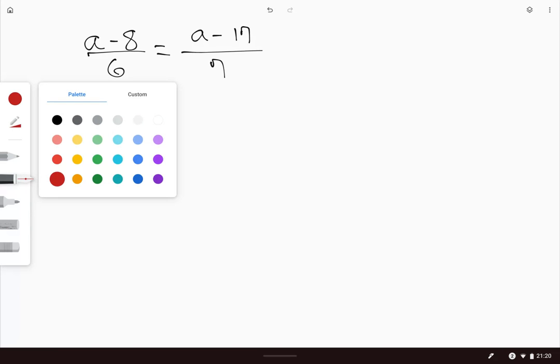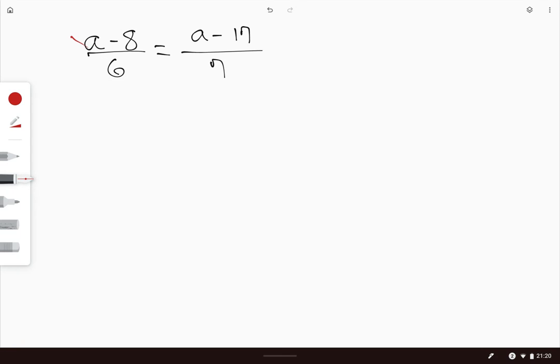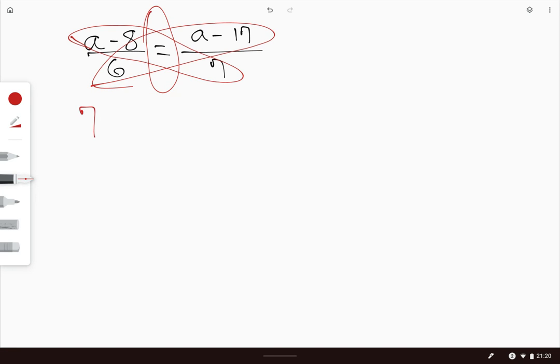You probably learned cross multiplication back in the 6th grade, where we simply multiply the numerators by the denominators, and you basically draw the little butterfly like that. So I have 7 times (a minus 8) equals 6 times (a minus 17).